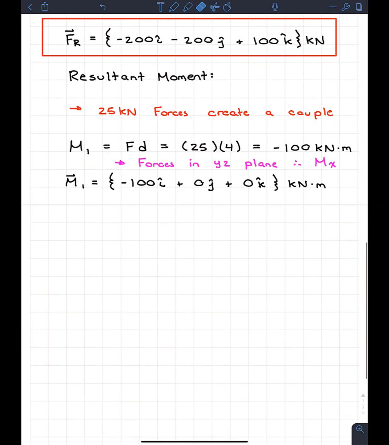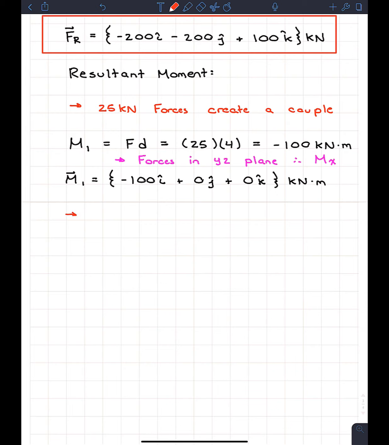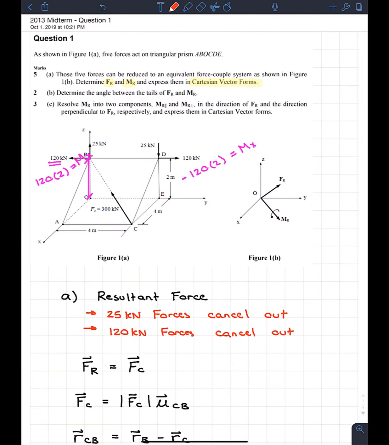So right here, I can write that the 120 kilonewton forces' moments cancel out. Therefore, we don't even have to worry about those 120 kilonewton forces because their moments are just going to cancel each other out.